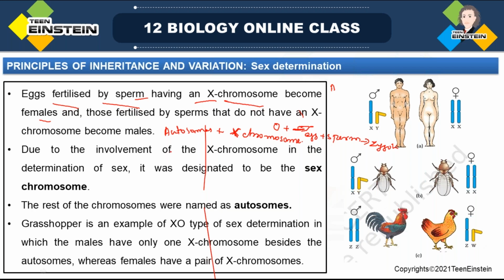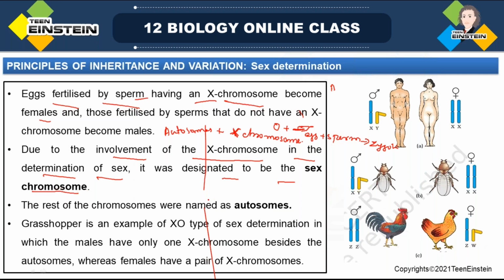Due to the involvement of the X chromosome in the determination of sex, it was designated the sex chromosome. This X chromosome is involved in sex determination, and that's why it is called the sex chromosome.